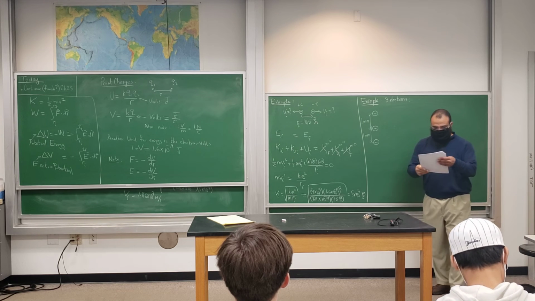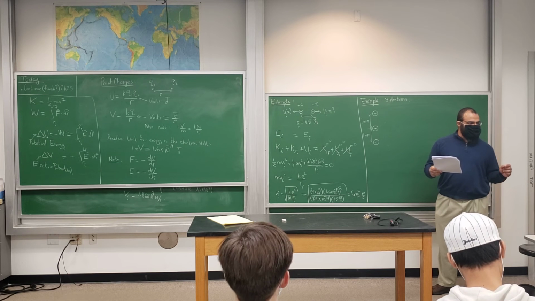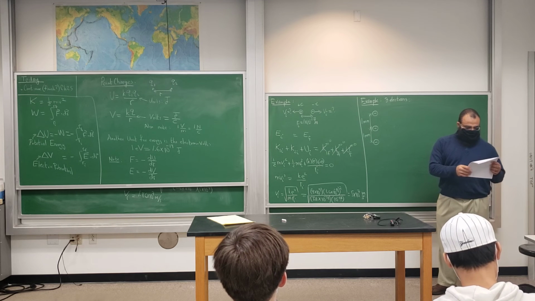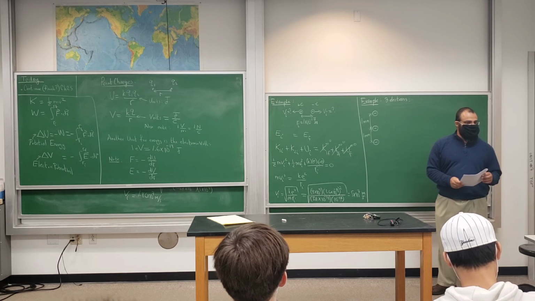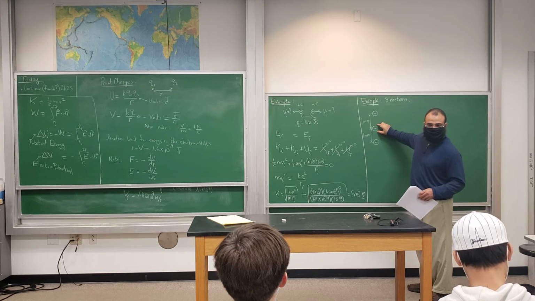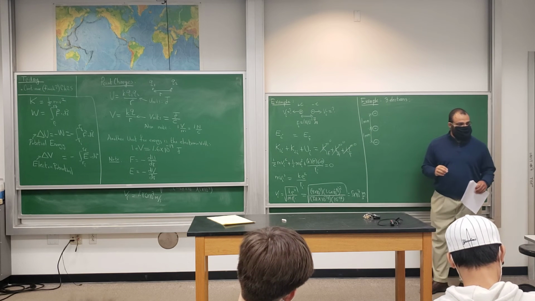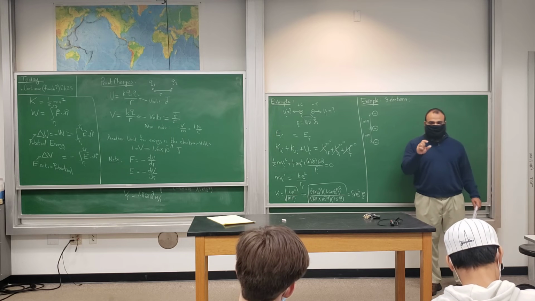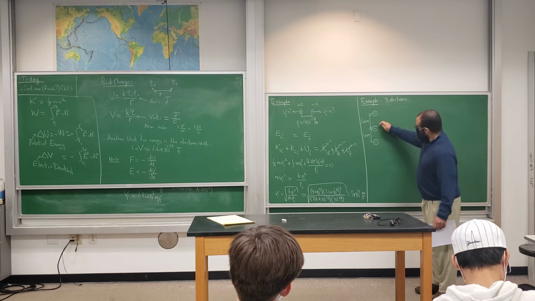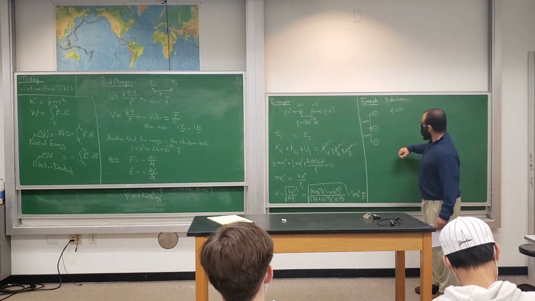So the question is, if the electron is displaced a small distance, what would its speed be when it's infinitely far away? If I move it slightly, it's no longer in equilibrium. So it starts from what speed? If I move it slightly and let go, V initial will be zero.